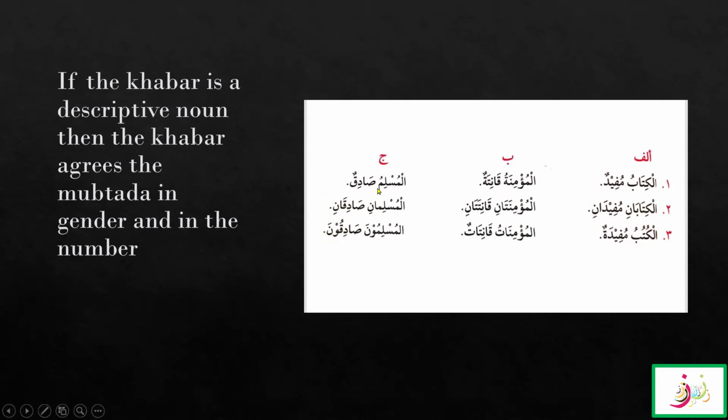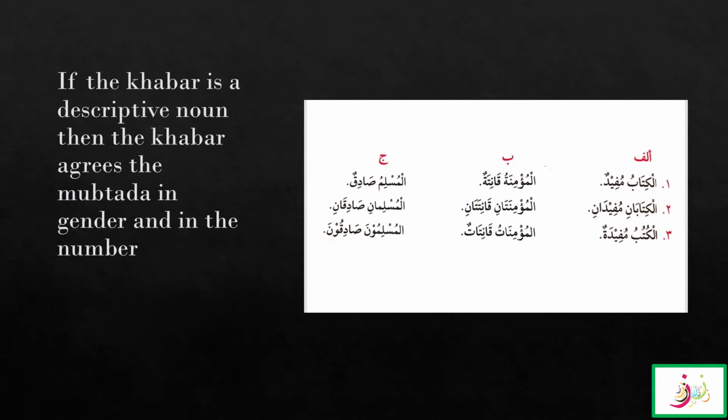Al-Muslimu Sadiqun, here again, muzakkar and muzakkar, the mubtada and khabar both agree in the properties. This is also singular, singular, singular. You can see here, they all agree in the properties. Al-Kitabani, this is musanna, Mufidani, this is also musanna. And how can you recognize that these are musanna?